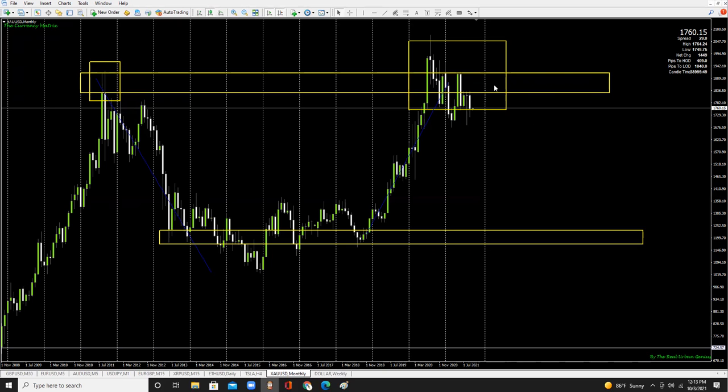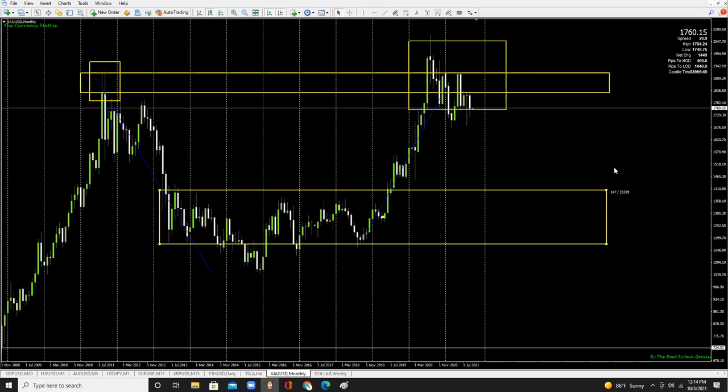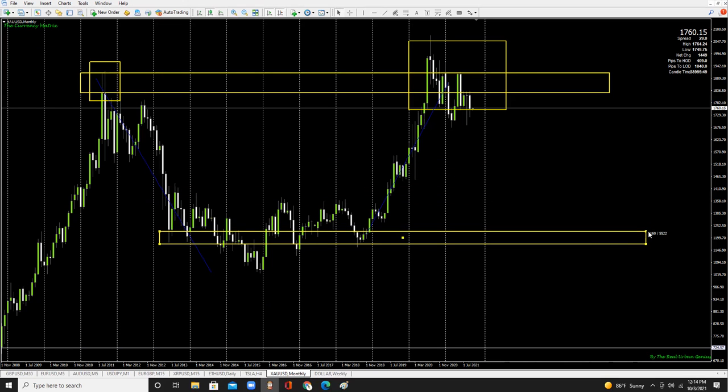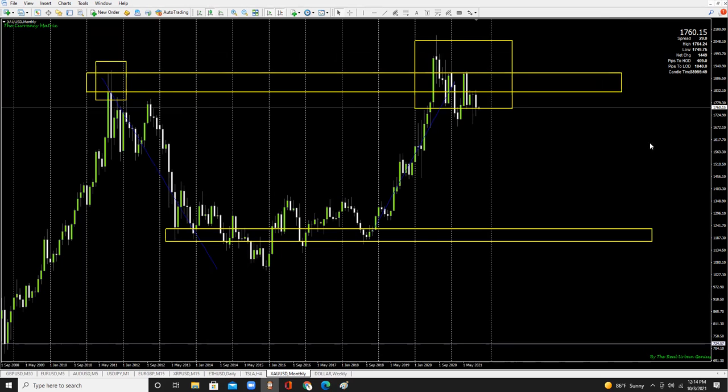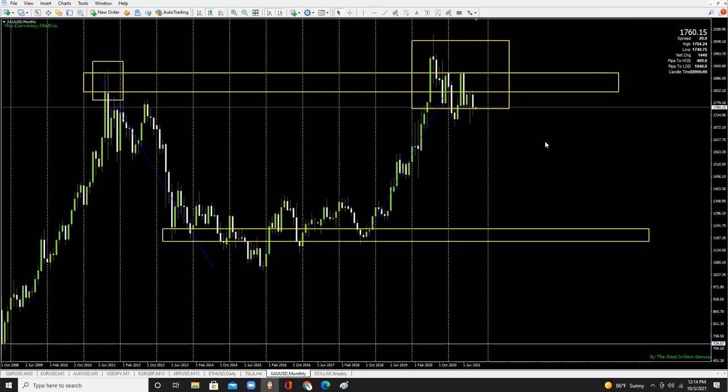In order to bounce, it has to find support. Looking at this monthly, the support is here. So with these two levels being resisted, in order for it to push past this level, it's got to get some more gas, or it's got to at least bounce. And the only level to bounce on is right here.